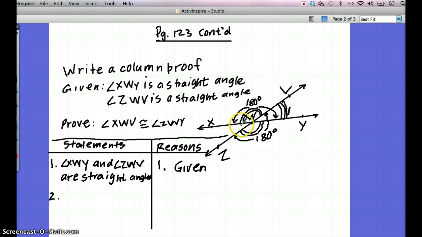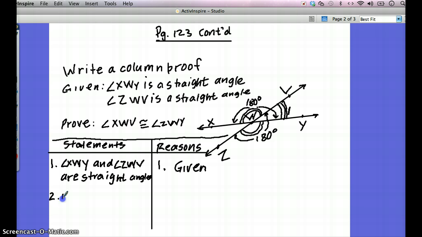Angle 1. So here's my thinking. I'm going to say this angle here, which is angle XWV plus angle 1, is equal to 180 degrees. Again, this angle, angle XWV, plus this angle, since they're on this line XY, they're equal to 180 degrees.